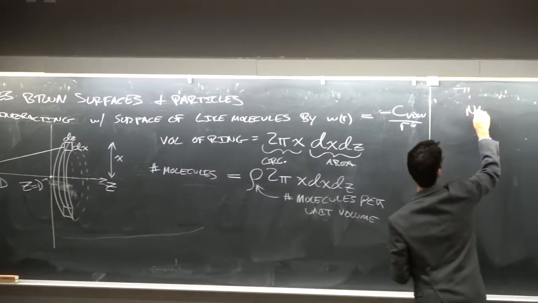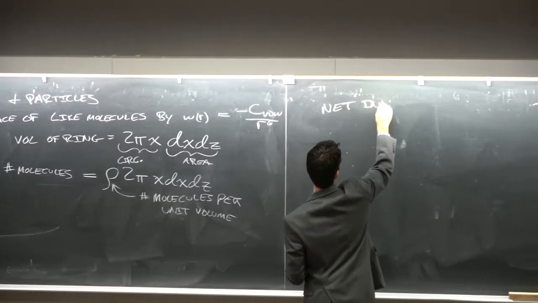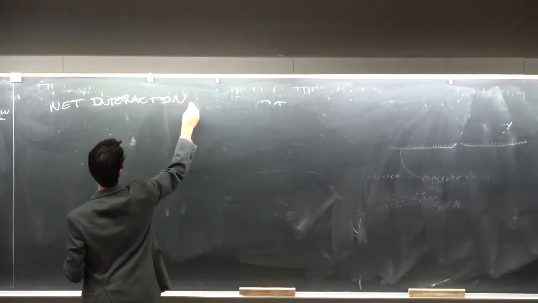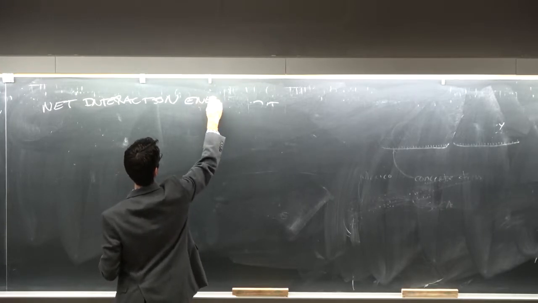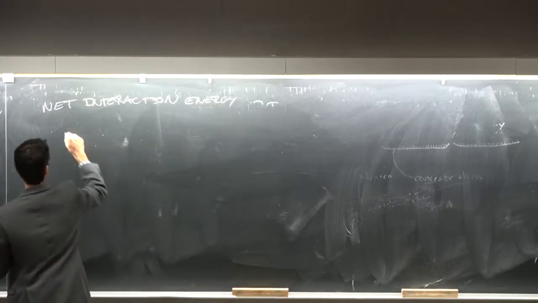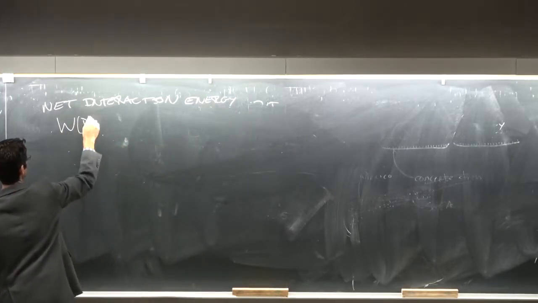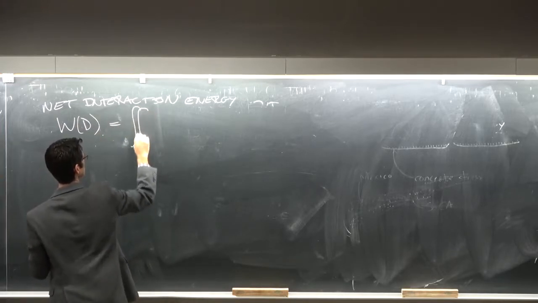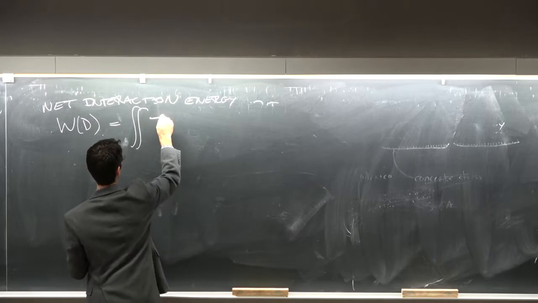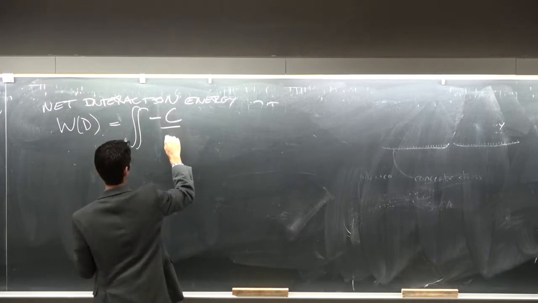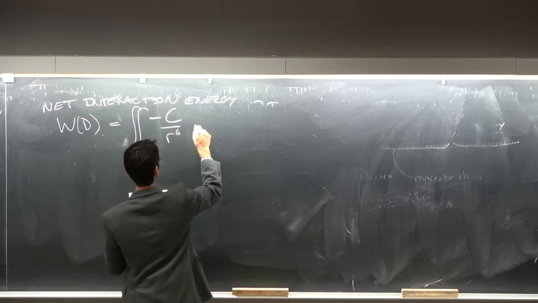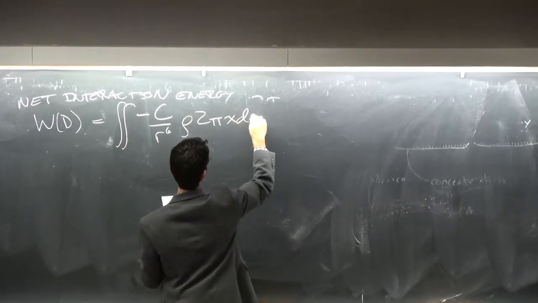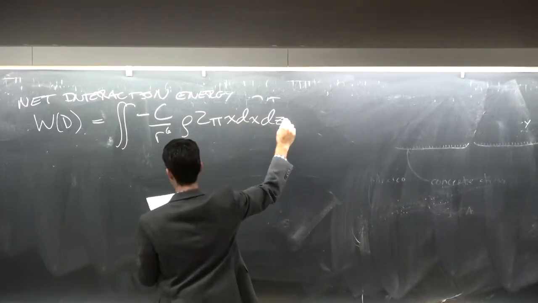So the net interaction energy, we'll call it big W of big D, is the double integral of minus C van der Waals over R to the 6th times rho 2 pi x dx dz.